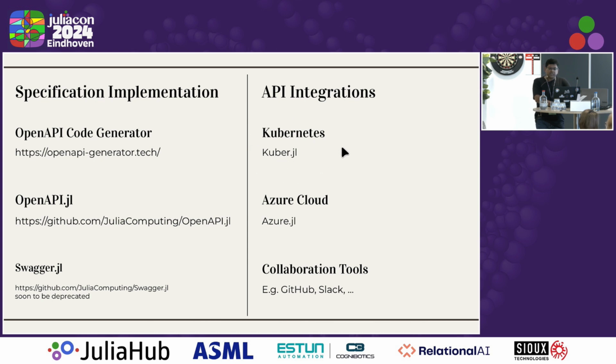Kuber.jl is the Kubernetes API client, and it is entirely generated using OpenAPI. We have Azure.jl, which is the client for Azure Cloud. Similarly, we have packages for Slack and GitHub. So just to say, we already have existing packages which use OpenAPI in Julia.